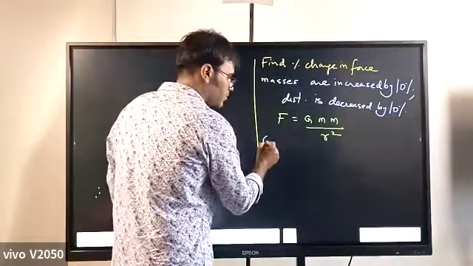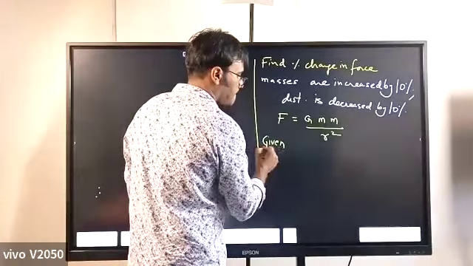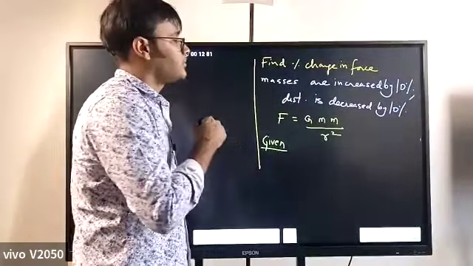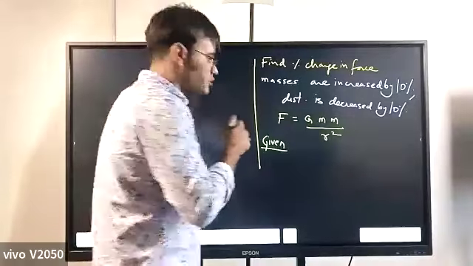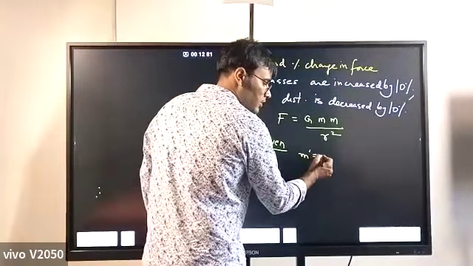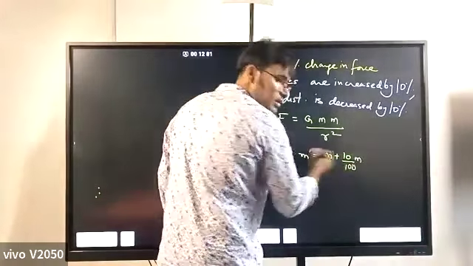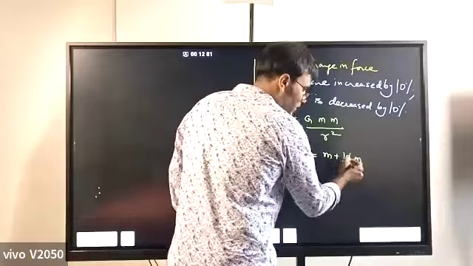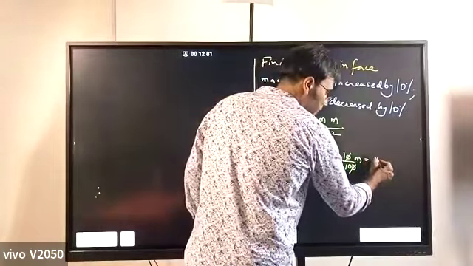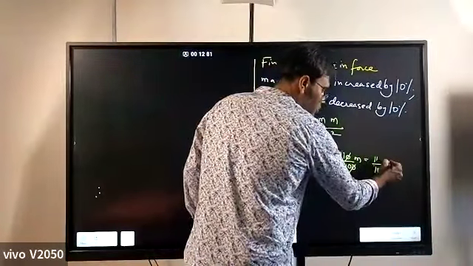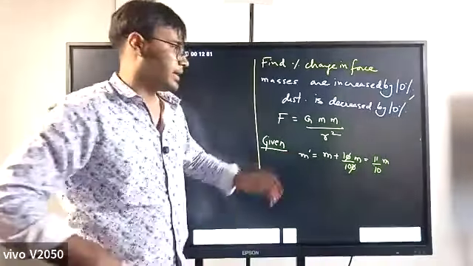Now what is given in the question? Masses are increased by 10%. So the new mass will be old mass plus 10% of mass. So what we will get here, this will be 11 by 10. So the new value of mass will be 11 m by 10.